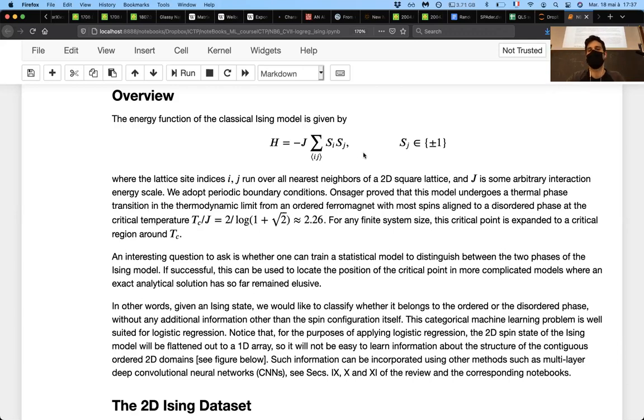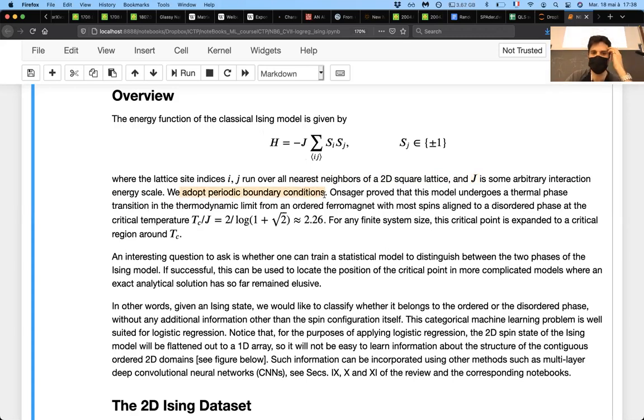And the Hamiltonian, the energy function of our model is the usual Ising model, where the sum here is over the nearest neighbors on this two-dimensional grid. And the interaction strength is an arbitrary number. Let's fix it to 1. We will adopt a boundary condition.